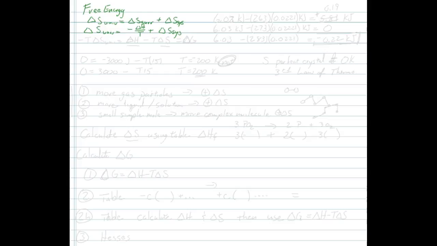So when we replace that, we're going to multiply through by a negative T, get rid of fractions. Negative T delta S of the universe equals delta H minus T delta S. Since the only S we have now is the system, we're going to ignore the subscript S. So everything's in that.